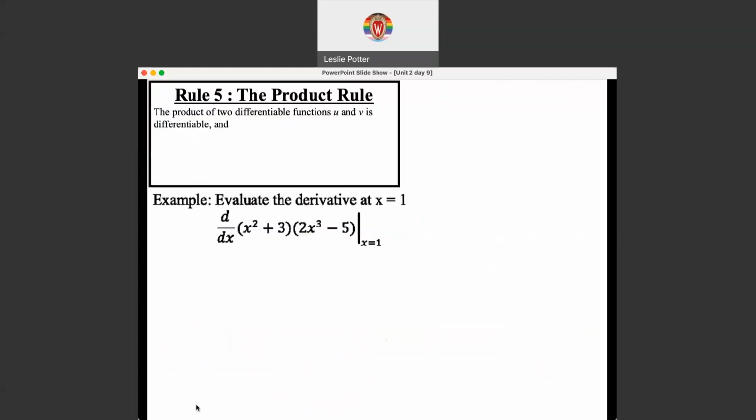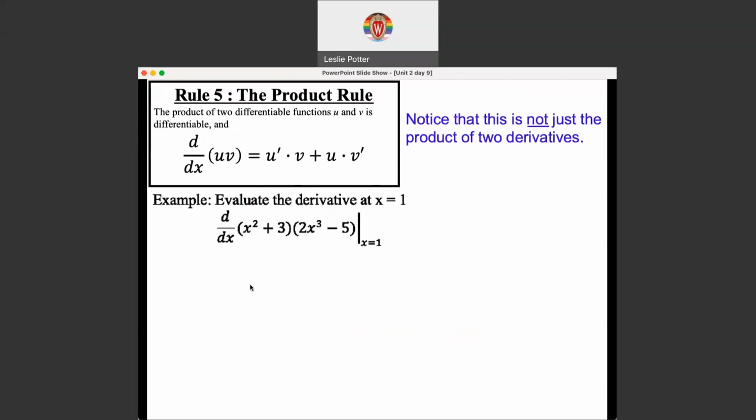Okay, so now we're going to diagram that. All right, so let's get this definition down. Now notice this definition has U's and V's because it represents the stuff in each one of these brackets. Maybe I should have put a little bracket here and a bracket here. And we're using this notation for prime for the derivative. Okay, so let's diagram this one out here. Notice that this is not just the product of two derivatives.